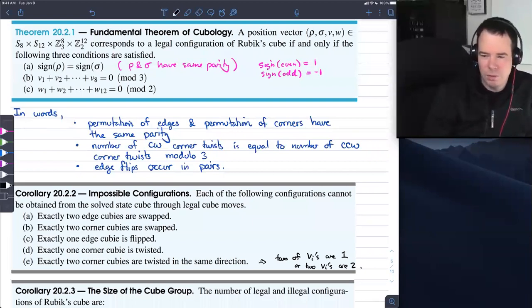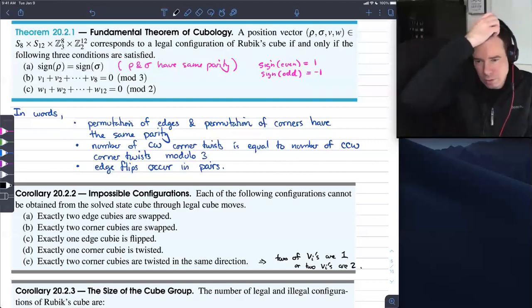If two of the V's were 1 and everything else 0, the sum would be 2. If two were 2 and the rest 0, the sum would be 1, because 2 plus 2 is 4, and 4 mod 3 is 1. So you wouldn't get the sum of the V's being 0. We get all of these for free just from the solvability criteria.